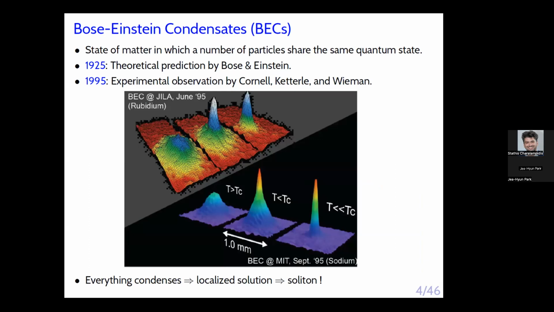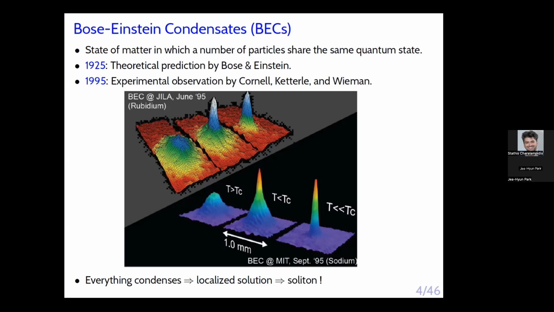Since the wavelength is inversely proportional to the velocity, you have large wavelengths such that now all those particles start communicating with each other. So you can describe macroscopically this state of many particles at such extremely low temperatures by just one descriptor. That descriptor is a wave function, a single wave function. So this is the Bose-Einstein condensation.